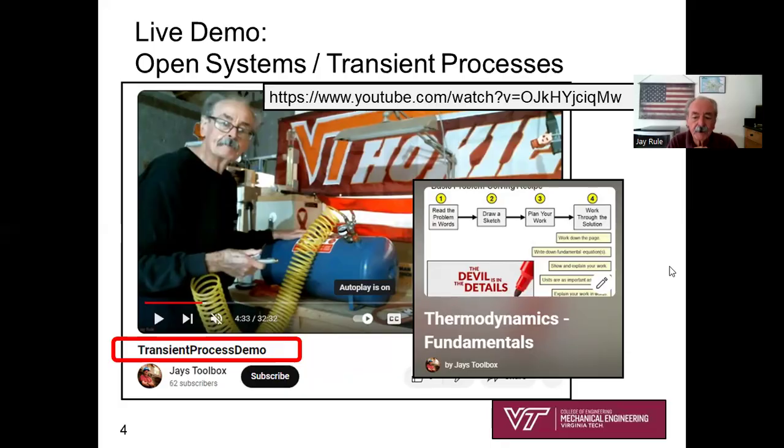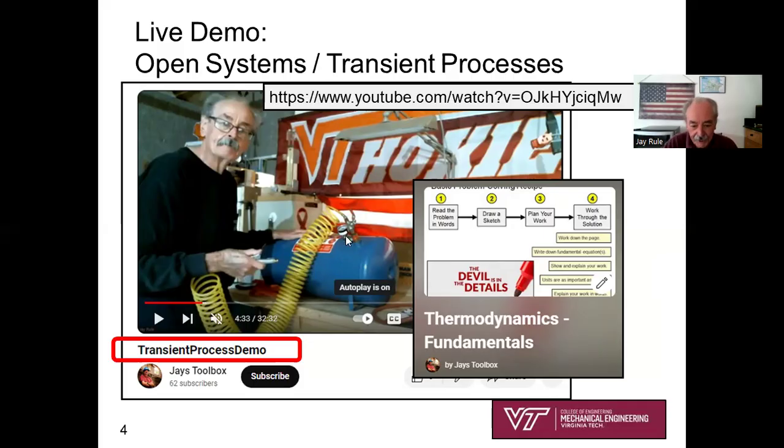Now, if you're interested in physically seeing what a transient process is in an open system, I've tried to go down in my workshop and give you a visual demonstration of a transient process where I'm draining my compressed air tank. My memory is that I write down the pressure.